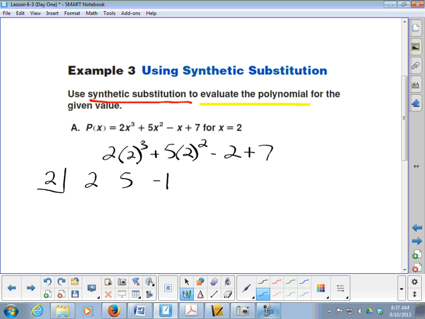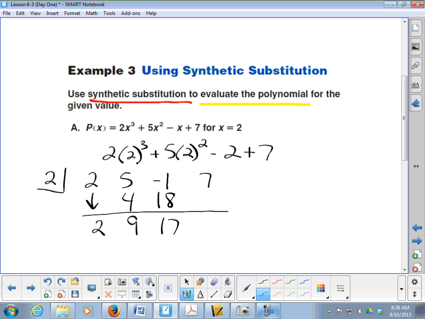Set up my synthetic division with my coefficients: 2x cubed, 5x squared, negative 1x, and 7. Bring your 2 down, and then we just go through the process. 2 times 2 is 4. 5 plus 4 is 9. 2 times 9 is 18.